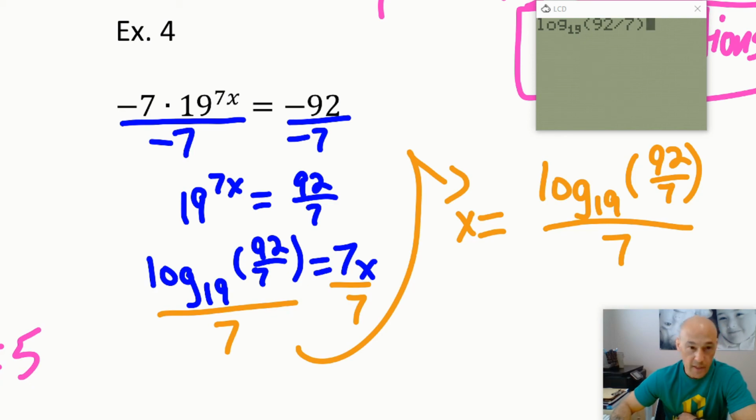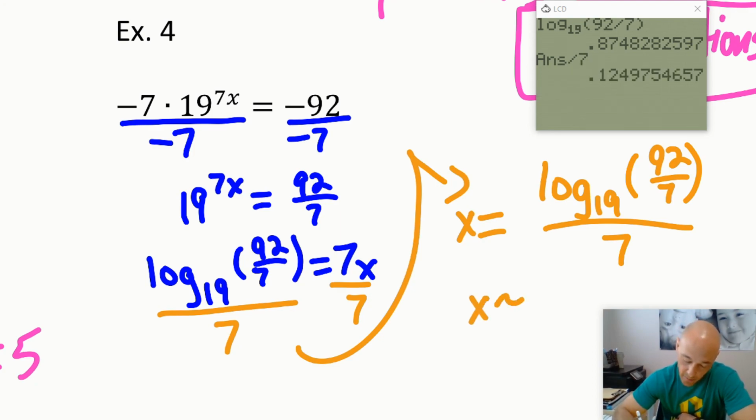And I'm going to hit enter, and now I'm just going to divide that answer by 7. And I get an estimate, so x is approximately 0.125. And so that is our estimate for that problem.